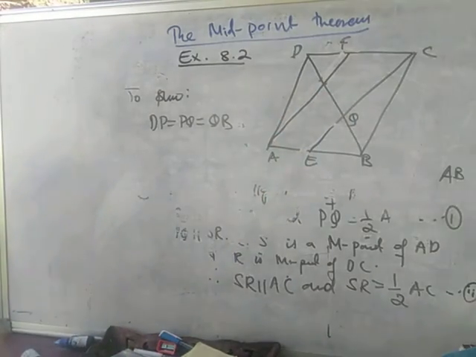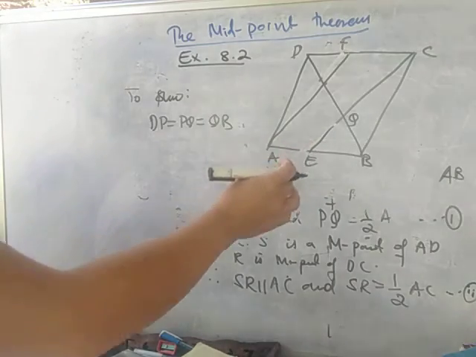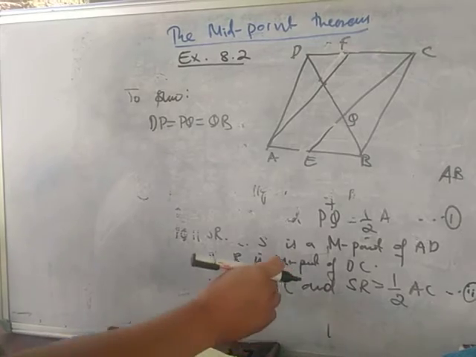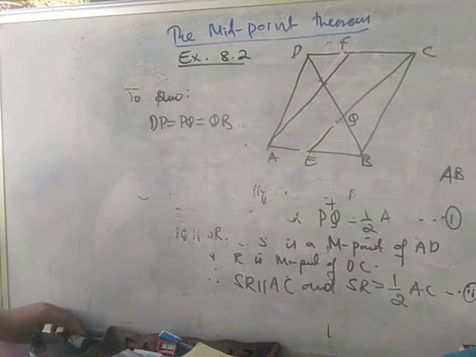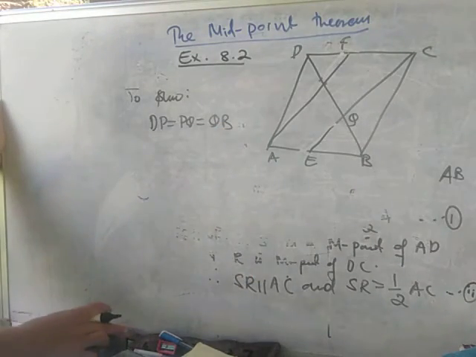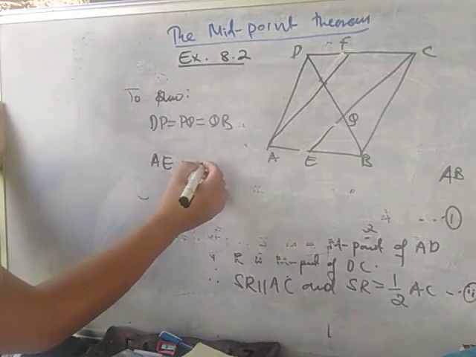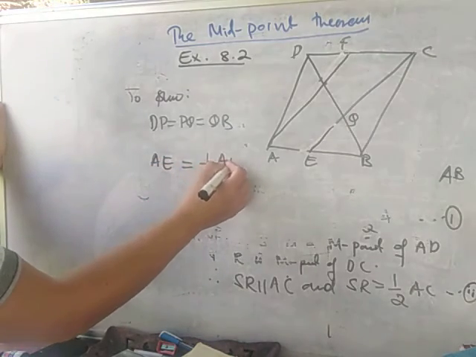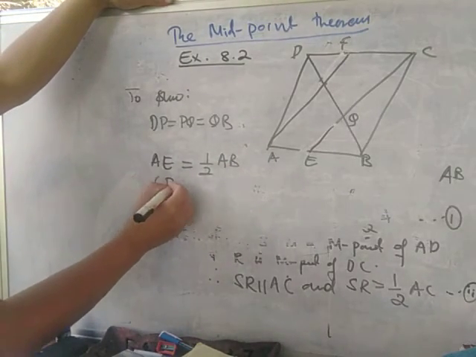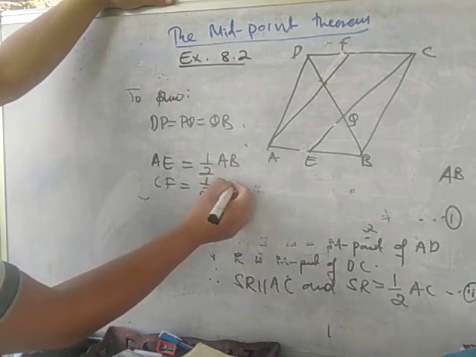These are midpoints, okay? If E and F are midpoints, then AE equals how much? AE equals half of AB, isn't it? Then CF equals half of DC.